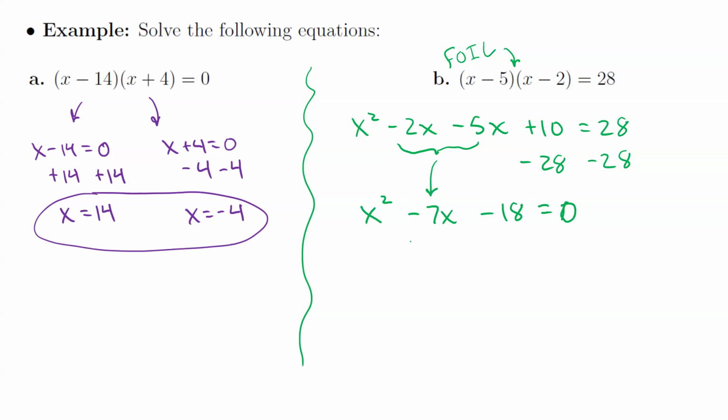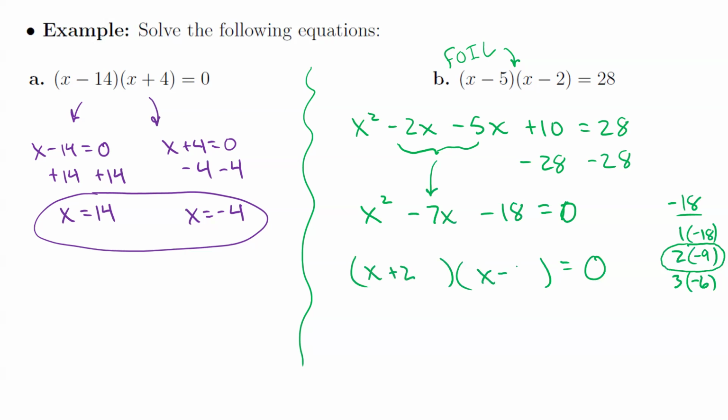And now I can see about factoring this. So I need what is going to multiply to make 18 that's going to add to make -7 as the middle term, and of course that's the 2 and the -9. So x plus 2, x minus 9.